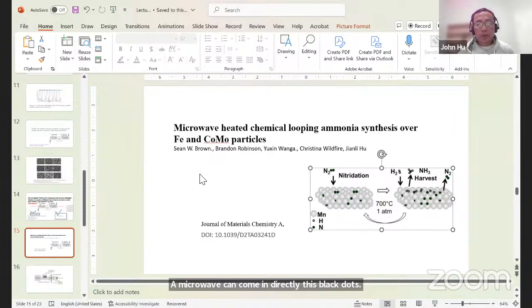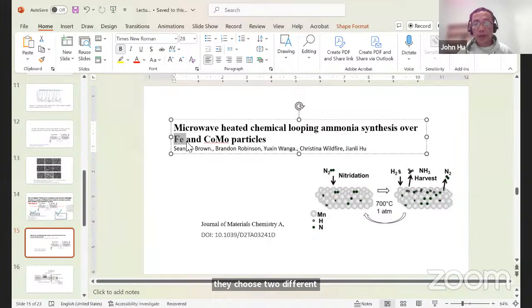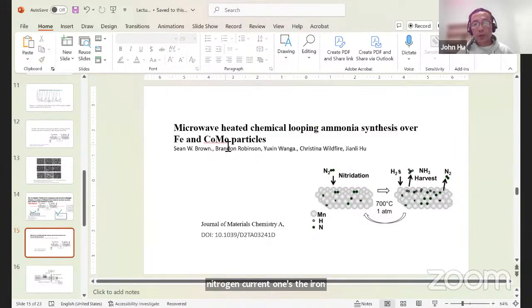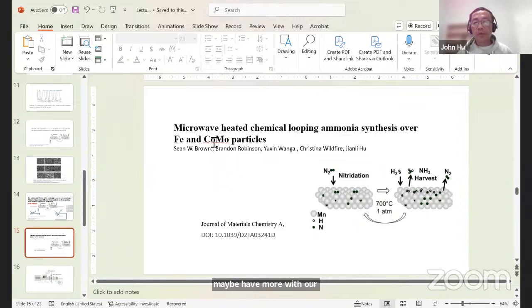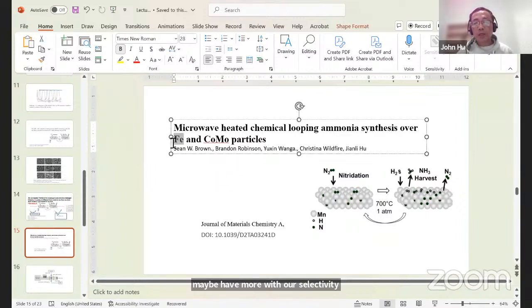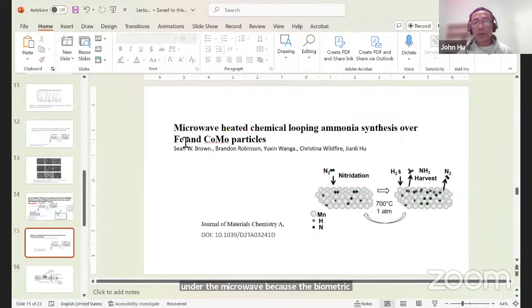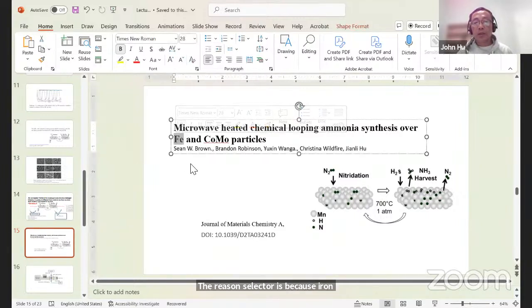So for the paper I'm talking about, they chose two different nitrogen carriers. One is iron, the other is cobalt moly. The reason they chose cobalt moly is because it's bimetallic, so maybe it has more selectivity under the microwave. The reason for selecting iron is that iron has not only a metal nature, it also has a magnetic nature.